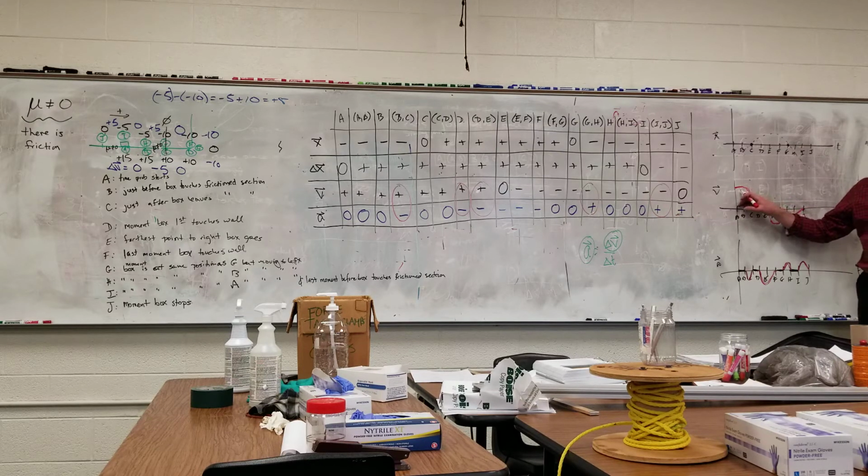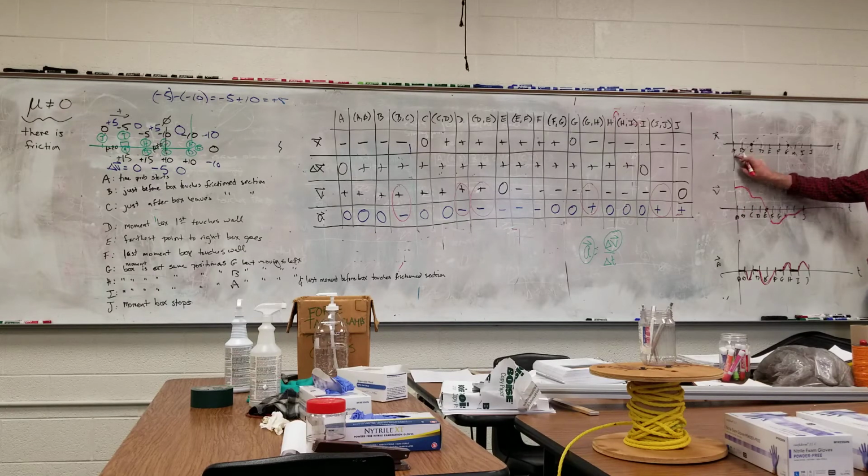My velocity is constant. Remember, this is the slope of this up here. So my velocity is constant, so this should be a straight line from A to B, because if the slope is constant, it's a straight line. Then my velocity starts getting smaller. And then it is a straight line again, so that's an attempt at a curve right there between B and C. Then it's a straight line.